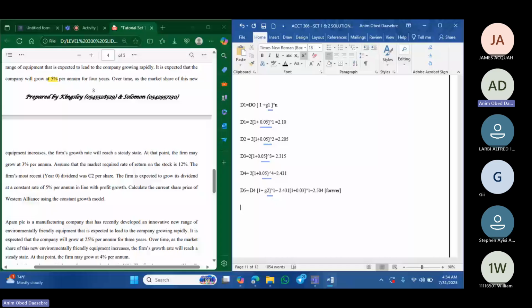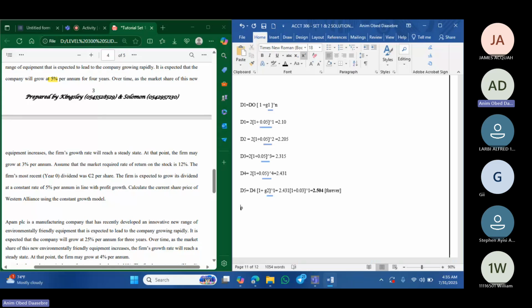Now let's find the terminal value of the perpetuity at year 4, so that we can now discount everything to year 0.